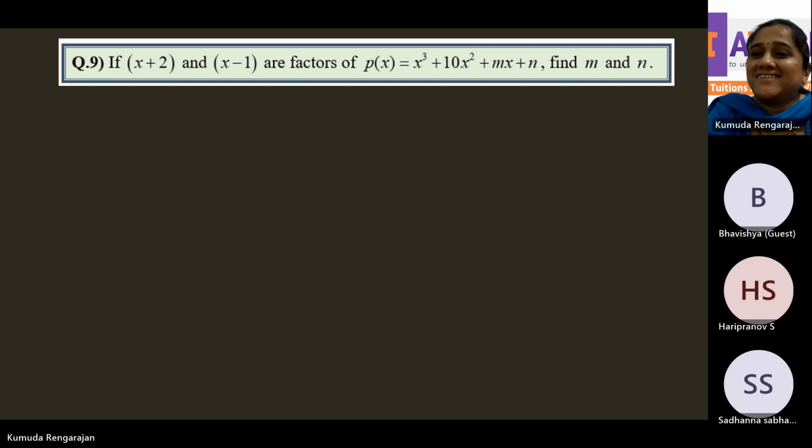See, you will do this. Exactly, similar situation. So you should be able to do it.